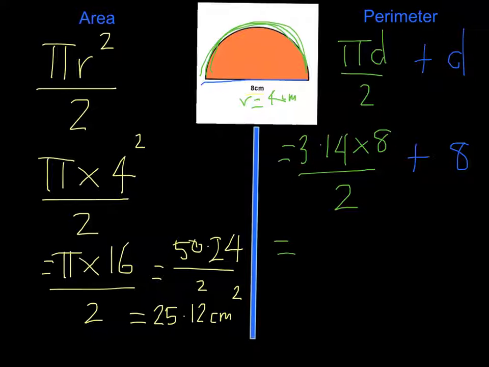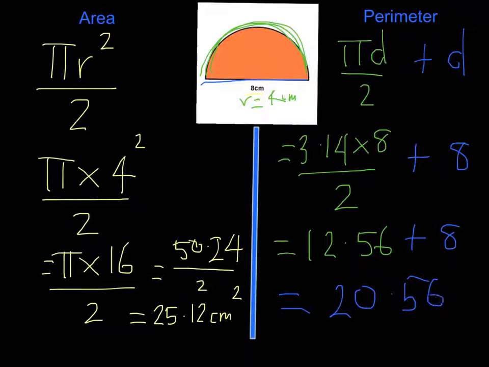Putting that into our calculator, 3.14 times 8 is 25.12, divided by 2 is 12.56, plus 8, giving us an answer of 20.56 centimeters. That is our perimeter, the distance around this semicircle.